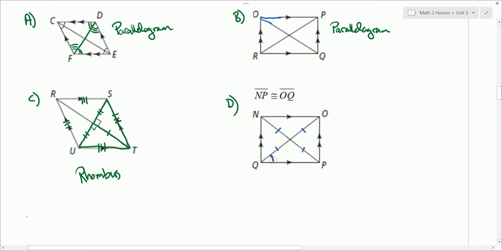So I know that the two base angles using the isosceles triangle theorem are congruent in this bottom triangle. And then because the top and bottom sides are parallel, you can use alternate interior angles to get those are also the same as well.